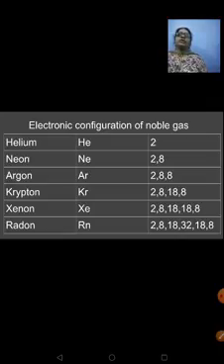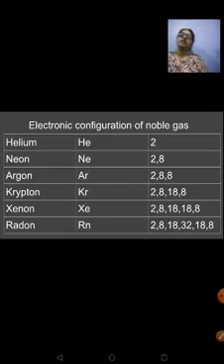Helium, atomic number is 2. It will have only one shell, and the first shell has a capacity to hold only 2 electrons. From the second shell onwards, the maximum number of electrons it can hold is 8. When it has 8 electrons, we call it an octet or a complete shell, right? So other noble gases like neon, argon, krypton, xenon, radon will have a complete outermost shell.